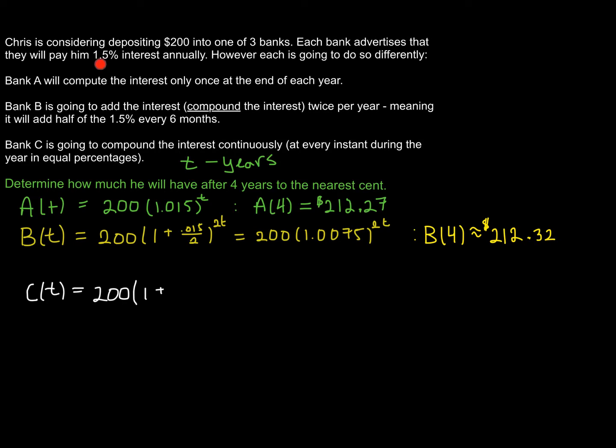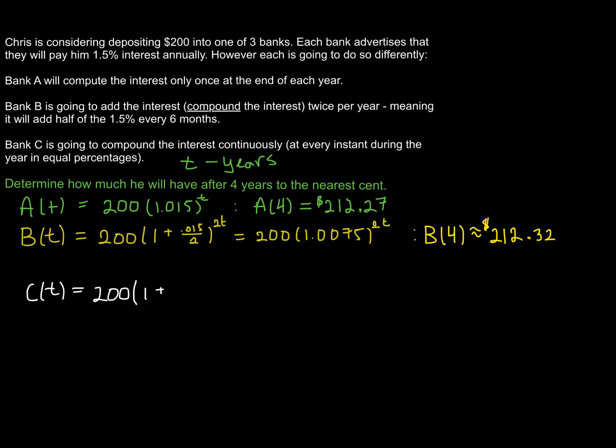So let's take a look at bank B now. Bank B uses the same annual interest rate, meaning that you're gaining interest at a rate of 1.5% per year, but it's actually going to stop and give you your interest according to that same rate every 6 months. So if you think about it, when you take a rate of 1.5% per year, that's the same as saying half of that percent every 6 months, which is exactly why when we're computing the growth factor, we take 0.015 and divide it by 2.